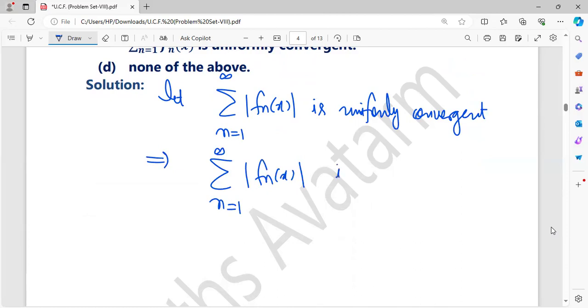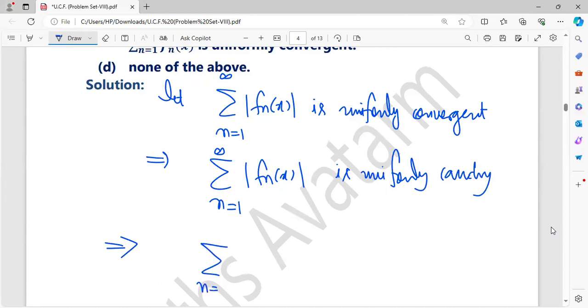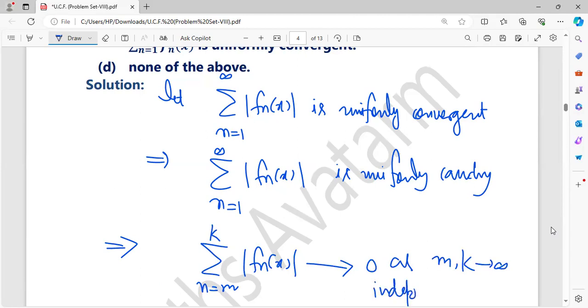What does it mean? It means the summation from n = m to k of fn(x) tends to 0 as m and k tend to infinity, and this is independent of x.